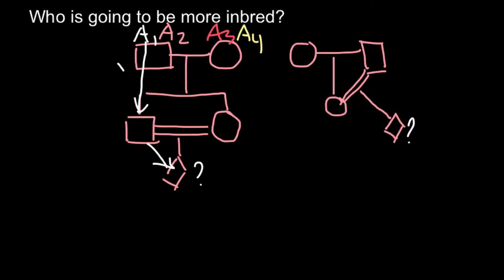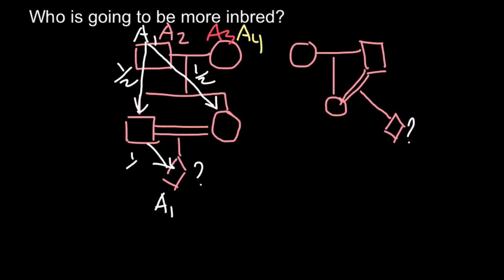So there is a 1/2 probability that this individual would pass this A1 allele to his son, and once again 1/2 probability that this allele A1 would end up in this individual who is going to be a grandson of this grandparent. And also we have another probability that this A1 allele would be inherited by the daughter of this individual, and the probability would be 1/2.